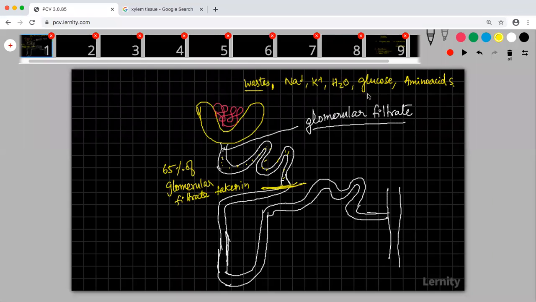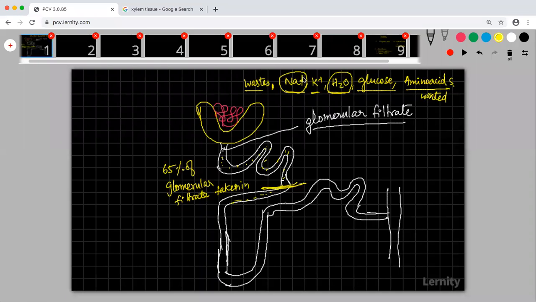Which means it would have taken all the glucose, all the amino acids, all the wanted things mostly, except what? Water and sodium mostly. Potassium would have also been absorbed. So what is coming through this particular area will have mostly water and mostly sodium.